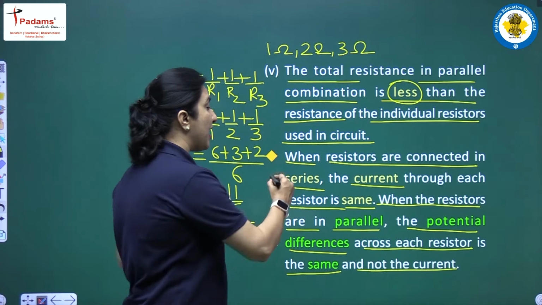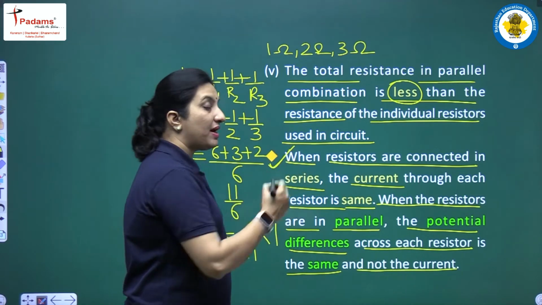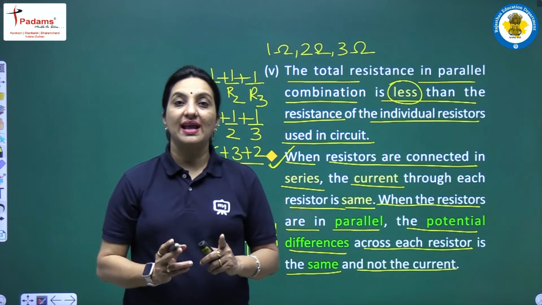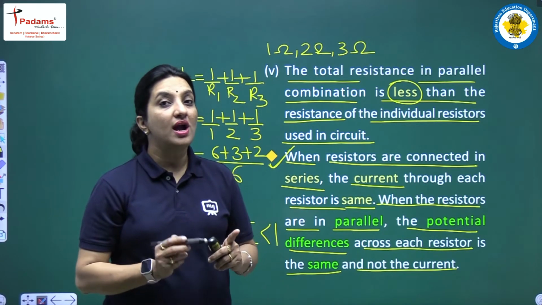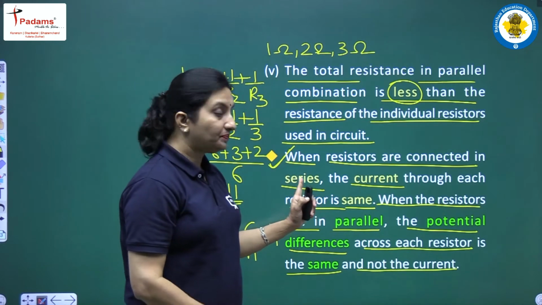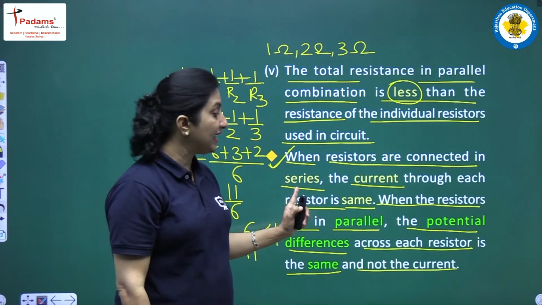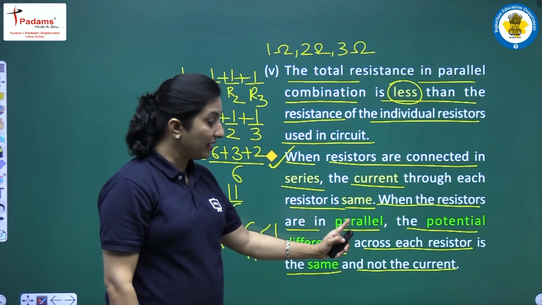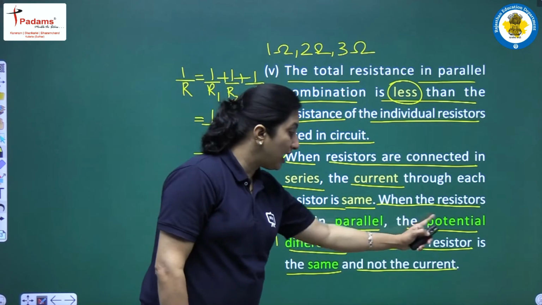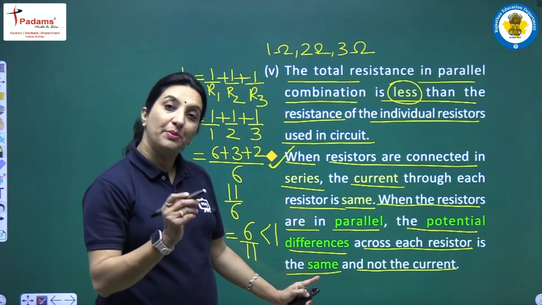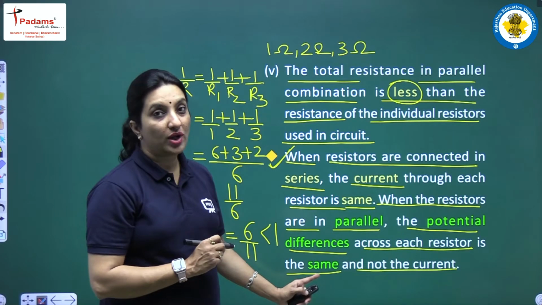So students, we have to keep this point in mind कि अगर सीरीज में कनेक्टेड हैं रेजिस्टर्स तो उनका करंट सेम होगा, और अगर पैरेलल में कनेक्टेड हैं तो उनका पोटेंशियल डिफरेंस सेम होगा, जो कि अप्लाइड पोटेंशियल डिफरेंस के इक्वल होगा.